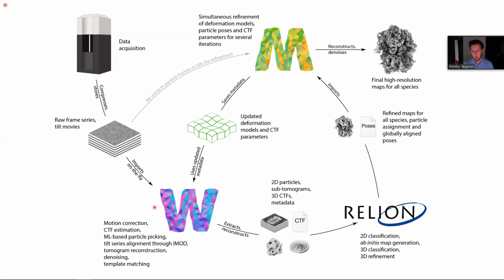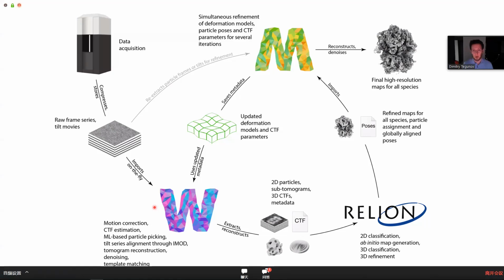And once you're done with the global alignments of the particles and the classification, you can take all of those classes and those particle poses and export them into M. And then M performs further refinement, now not only optimizing the particle poses individually, but also optimizing those hyperparameters of the multi-particle system.